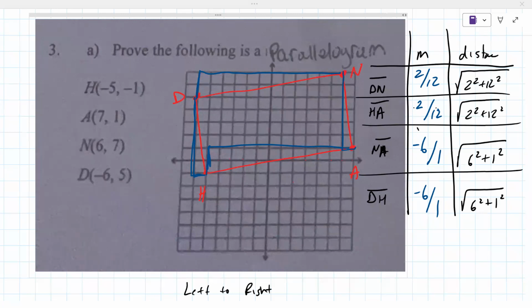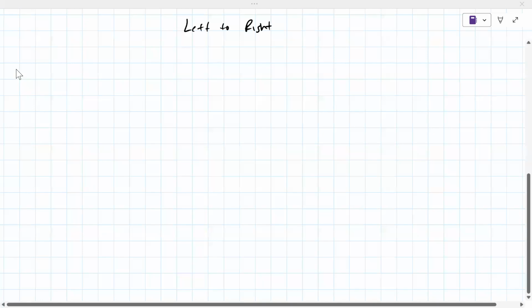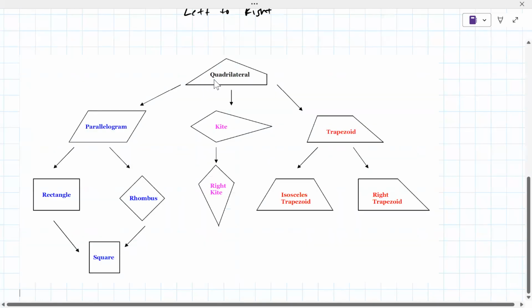So let me snip in something and then we'll have a little dialogue here on this, or maybe it'll be a monologue. A quadrilateral is a four-sided shape. The divisions here, whether you go left, down, or right, is the number of parallel sides.